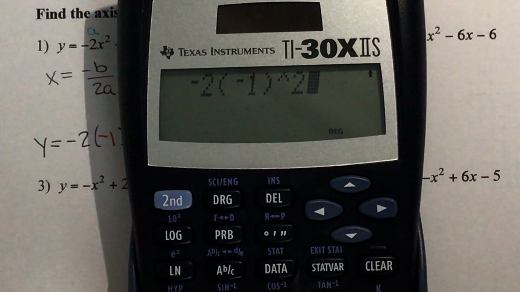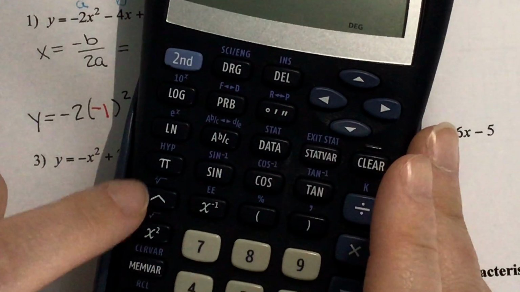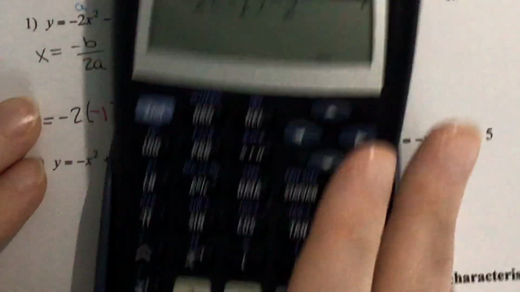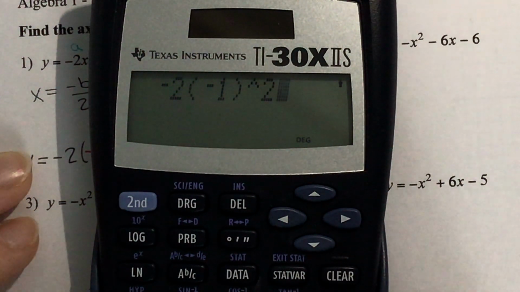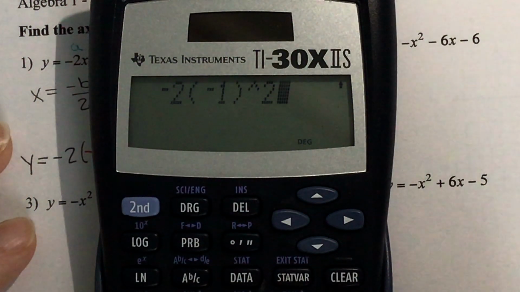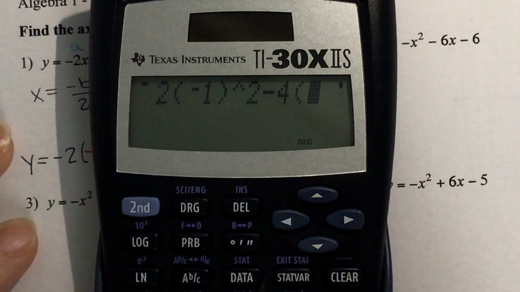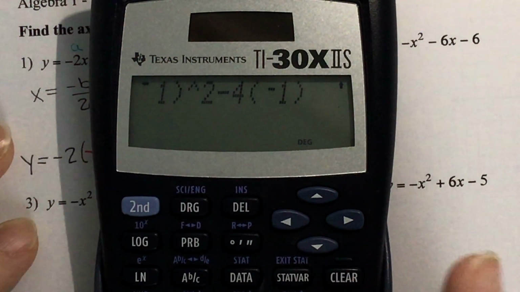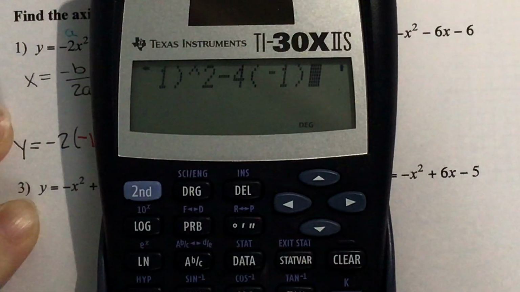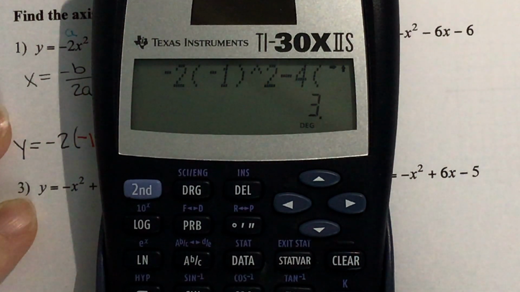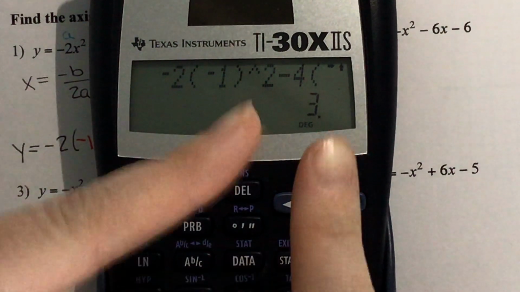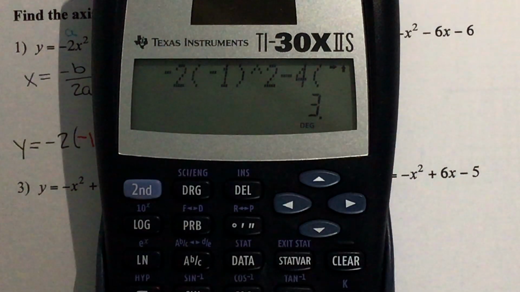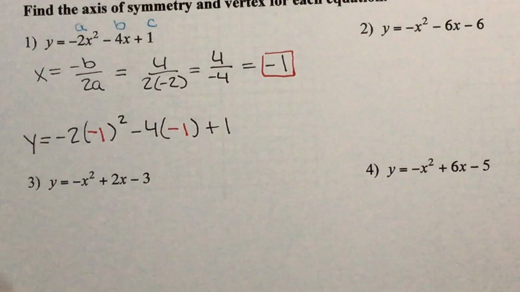The little up arrow is how you do squared, or you could have used this, same thing. Minus 4 times negative 1, in parentheses. And then it was plus 1 at the end. Letting your calculator do it for you is very nice, as long as you remember to put parentheses in here. Okay, so we've got 3.